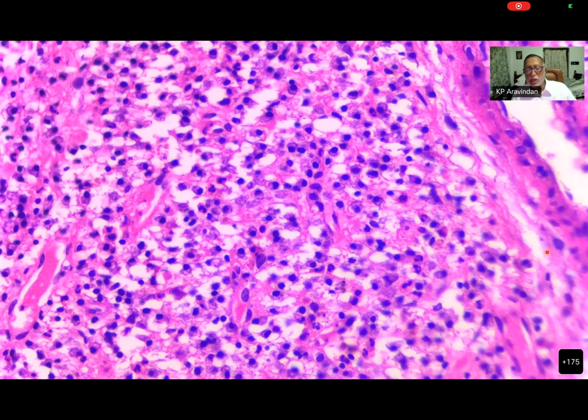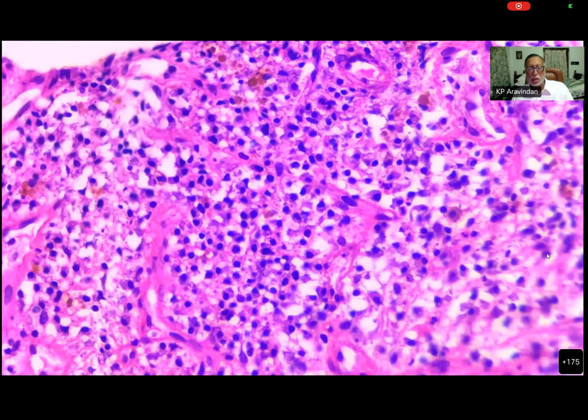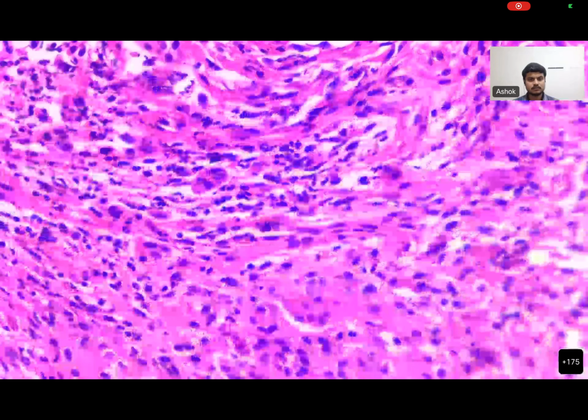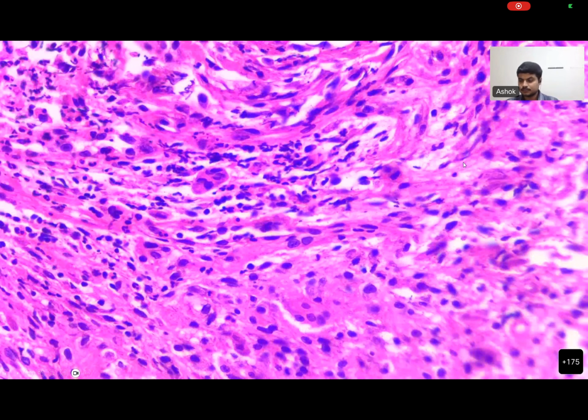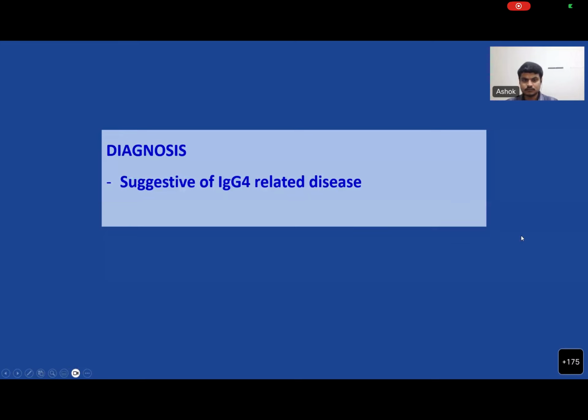But I strongly think that this kind of fibrotic lesion, with storiform fibrosis in some areas, is suggestive of IgG4 related disease.